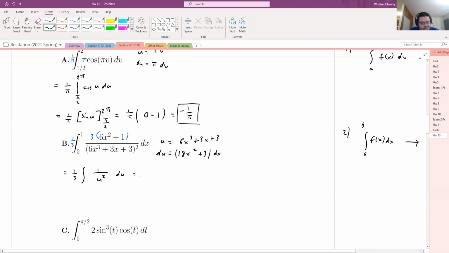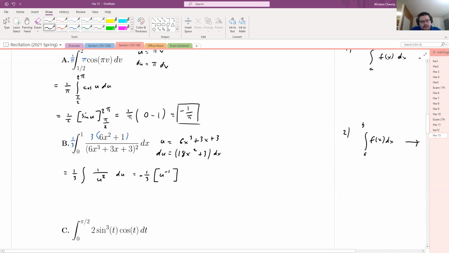And we can go ahead and integrate this. I'll fill in the limits in a second. Integrating this, we'll get u to the negative first power, with a negative in front, which you would then evaluate. I'll pull the negative 1/3 out just for convenience.